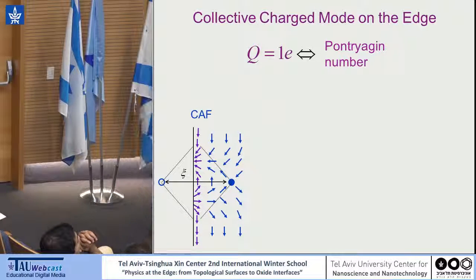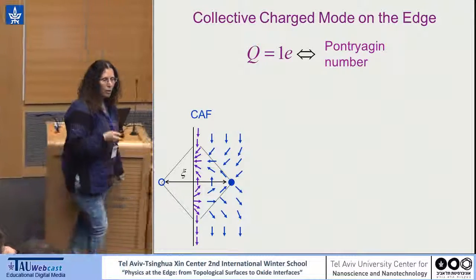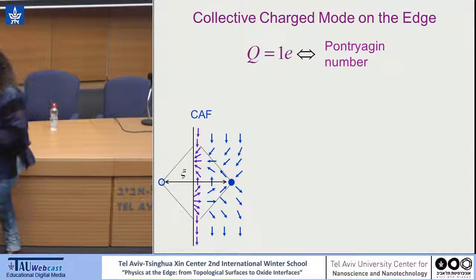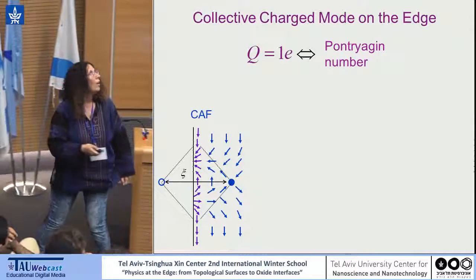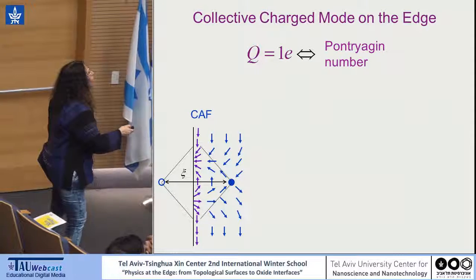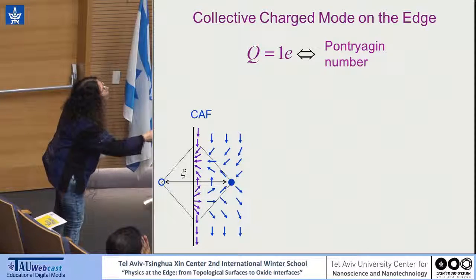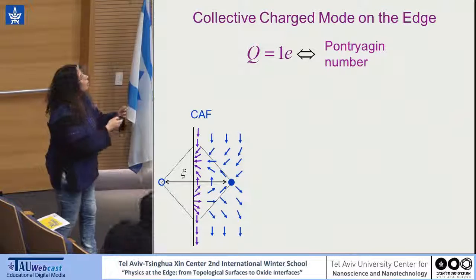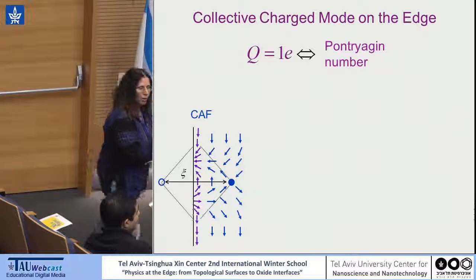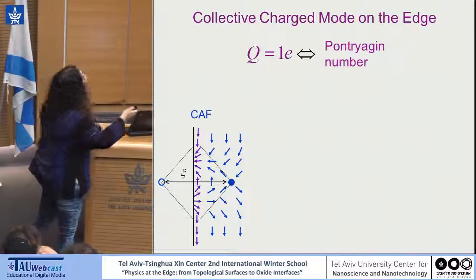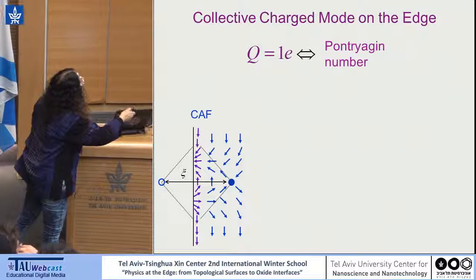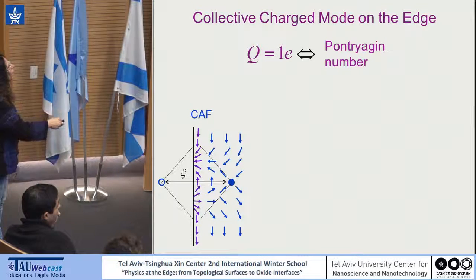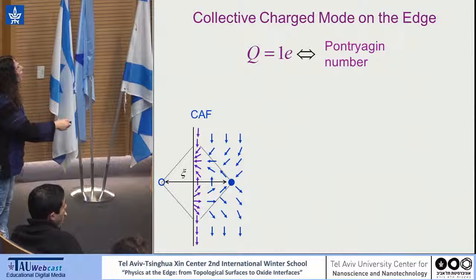So first, look at the collective charge excitation. The charge excitations are the objects that can carry electric transport and participate in the conduction. In the canted antiferromagnet, and as I said before, in the quantum Hall regime, in order to generate a charge, the charge always comes with a spin texture, with something that has a Berry's phase, or a Pontryagin number. And in the case of the canted antiferromagnet, we can generate such an excitation.